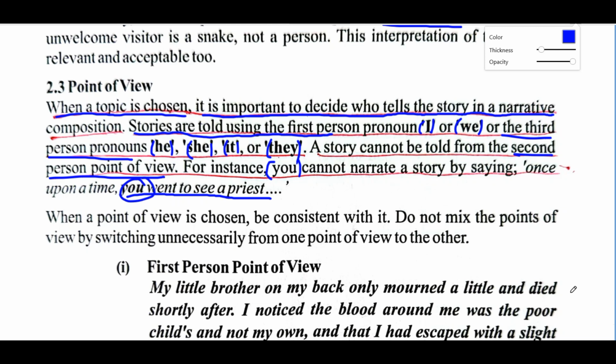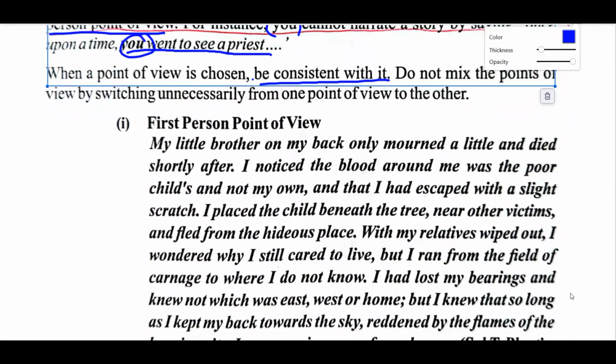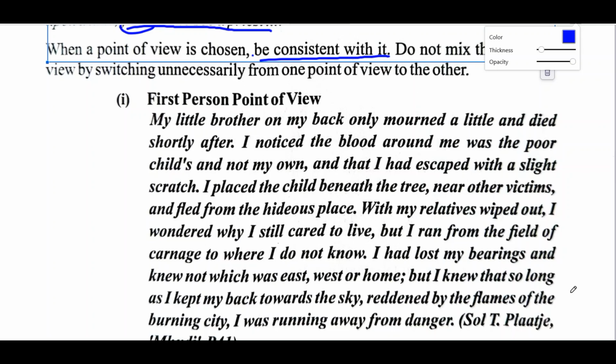So when a point of view is chosen, be consistent with it. Make sure that throughout your composition, you stick to that point of view. So let's look at this example where we are focusing on first person point of view. My little brother on my back only moaned a little and died shortly after.